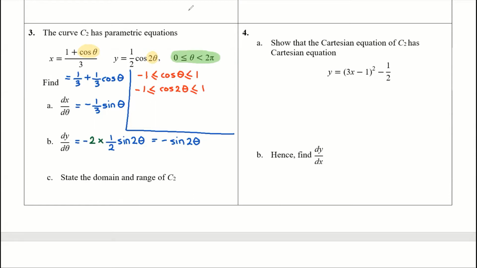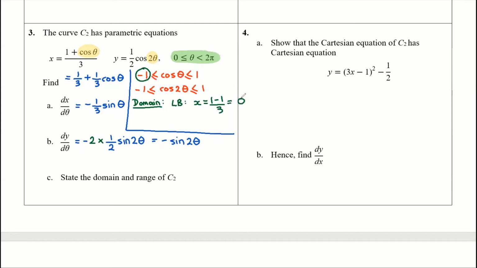So the lower bound for the domain. So I'll just start with the domain. So the lower bound is when I'm using -1 here. So that should be pretty straightforward. That means x would simply equal 1 subtract 1 all over 3, which equals 0.